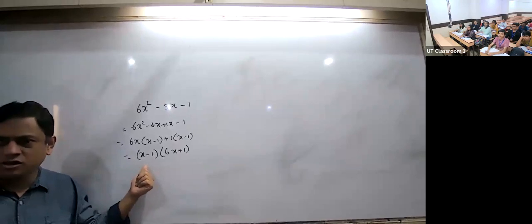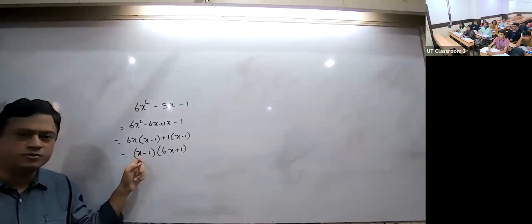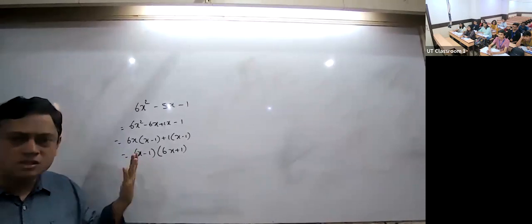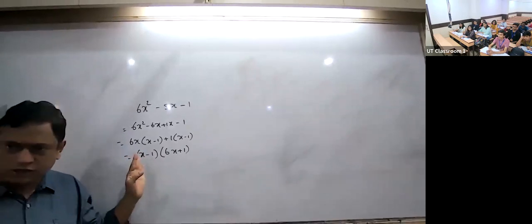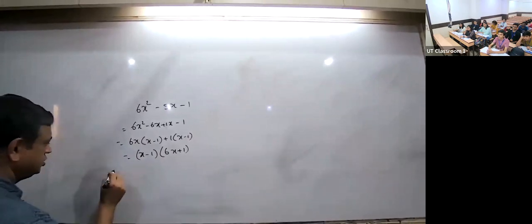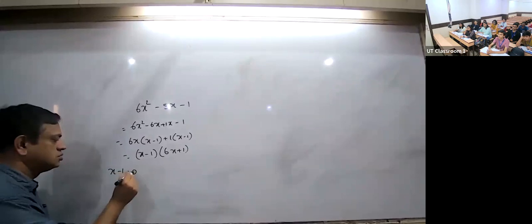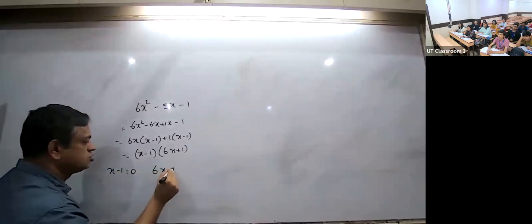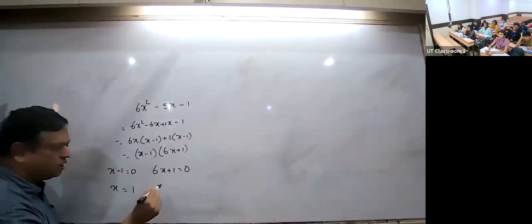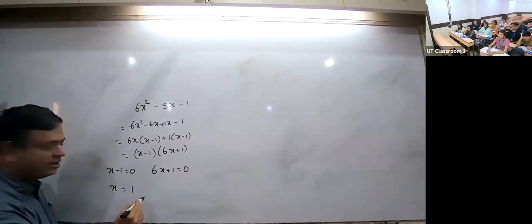Linear factors means degree is 1, so x minus 1. Now to obtain the zeros, set both factors equal to 0: x minus 1 equal to 0 and 6x plus 1 equal to 0. Therefore x is equal to 1 and x equal to minus 1/6.